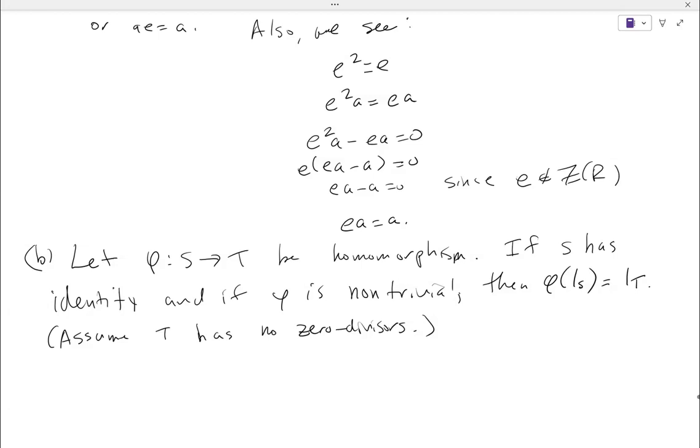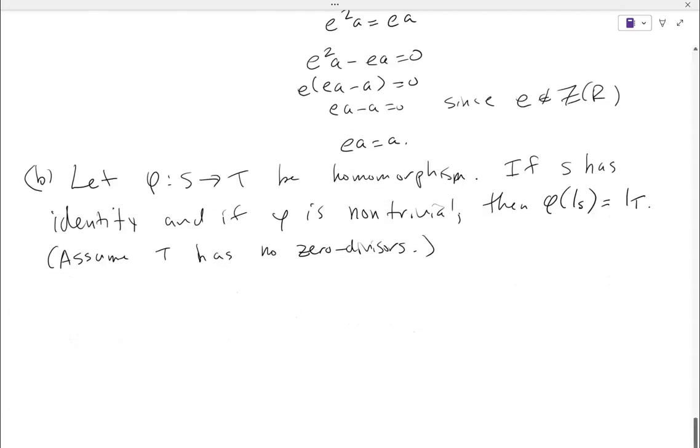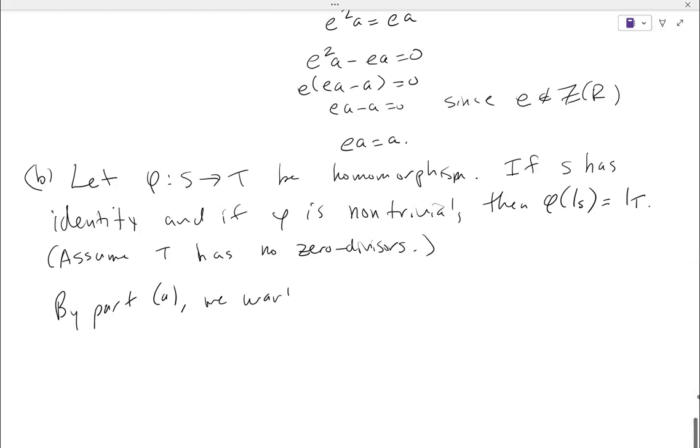So by part A, we want to show that f of 1s squared is equal to f of 1s.